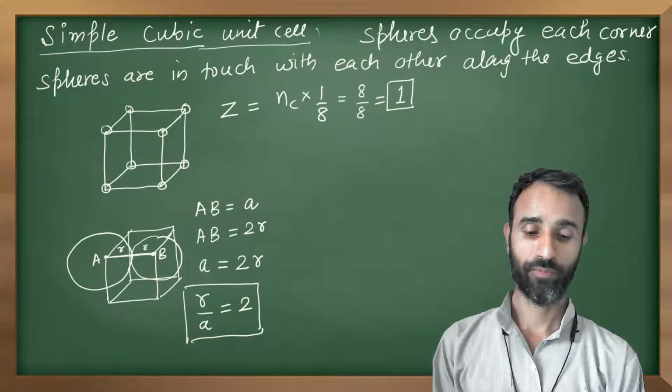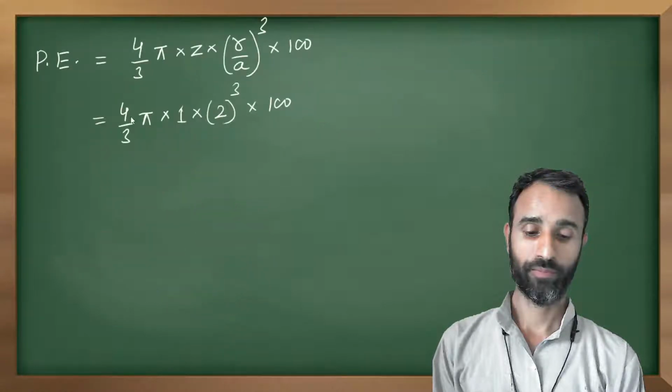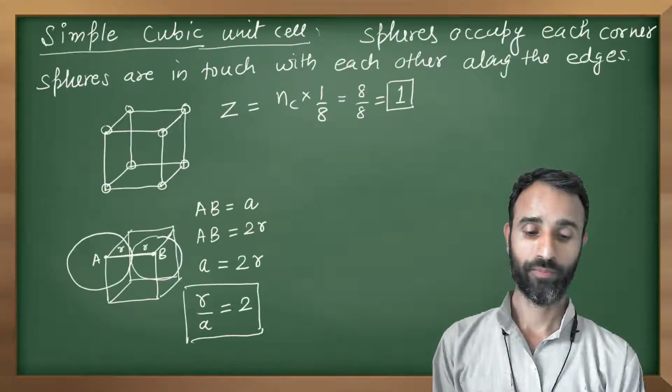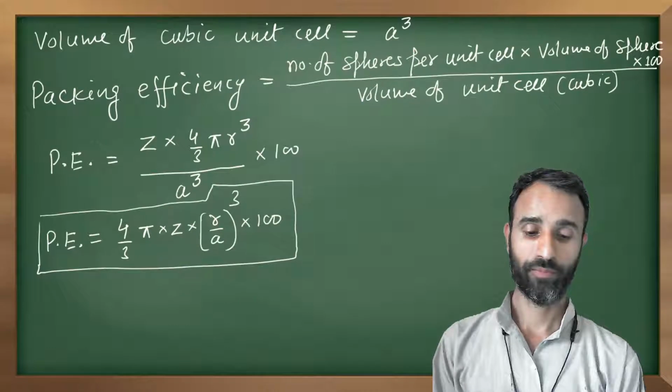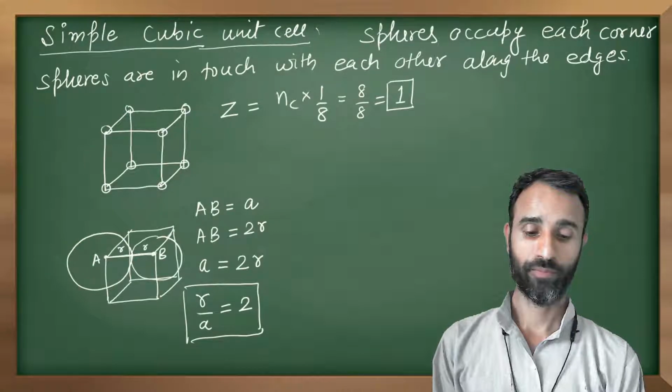Somewhere it gets wrong. It is 4 by 3 pi R upon A cube into 100. So A equal to 2R and R upon A equal to 1 by 2. Sorry, here we are getting wrong. R upon A is equal to 1 by 2.